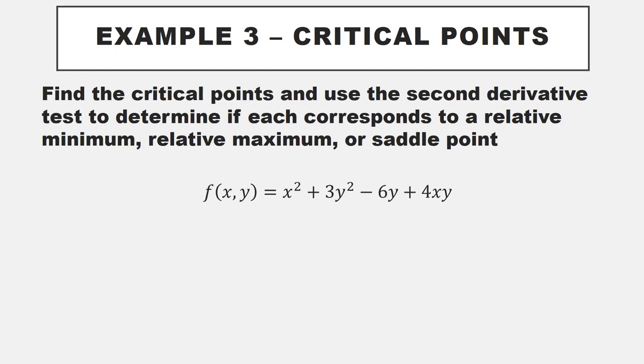Our function in this case is x squared plus 3y squared minus 6y plus 4xy. So we've got to find the critical points and then use the second derivative test to figure out what those critical points are. Let's go ahead and do that.